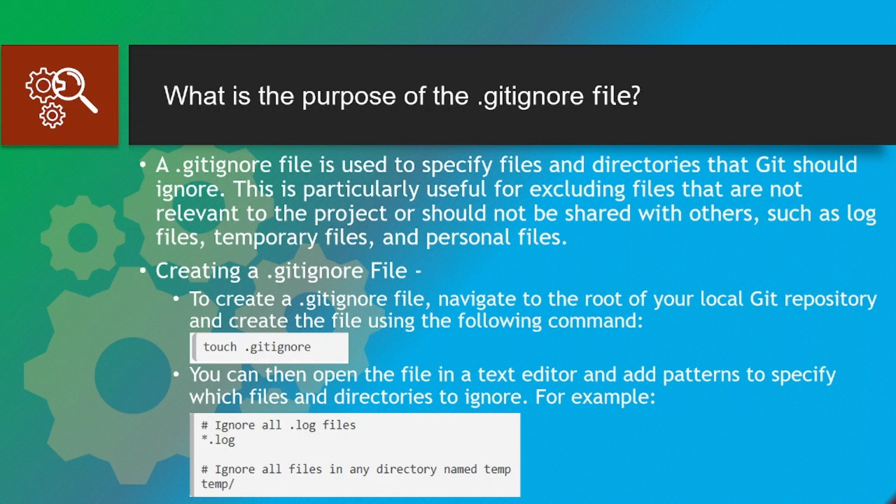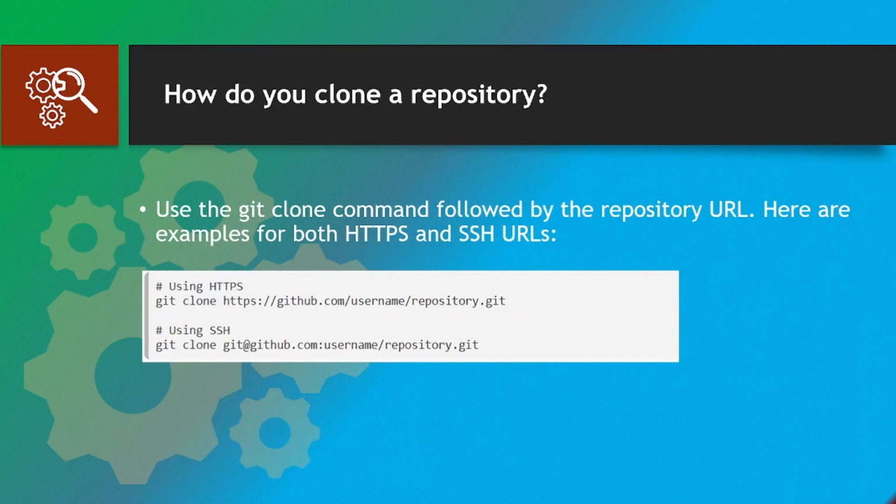Moving to the next, how do you clone a repository? Use the git clone command followed by the repository URL. Here are examples for both HTTPS and SSH URLs. At times we may need to clone a repository so that we can make some changes on a replica repository. Now how can we do it?